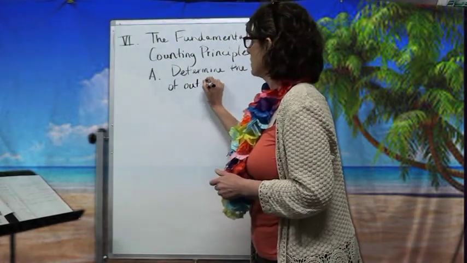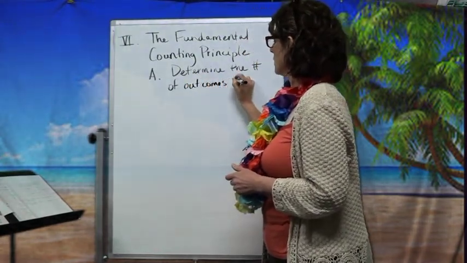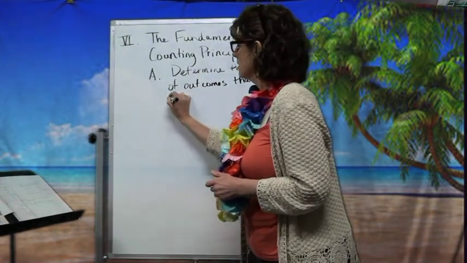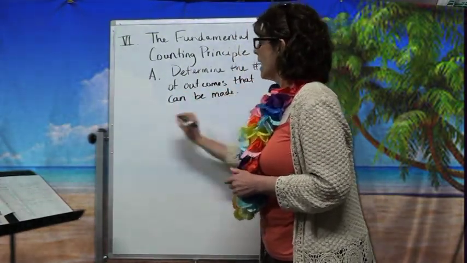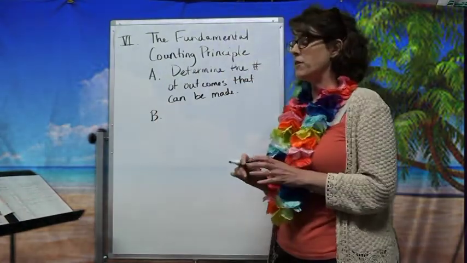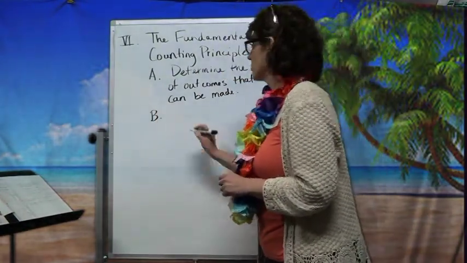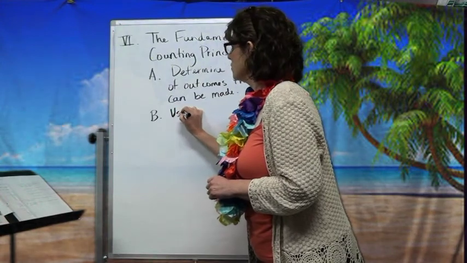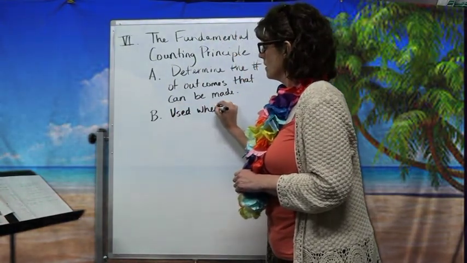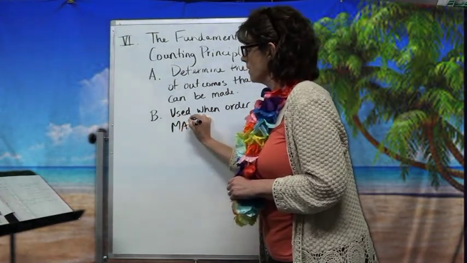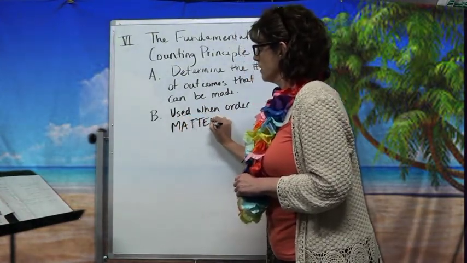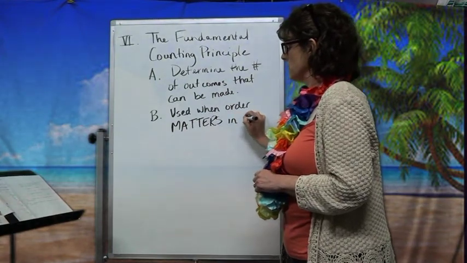The number of outcomes that can be made. And the other important thing to remember about the fundamental counting principle is that order matters. So it is used when order matters in the arrangement.